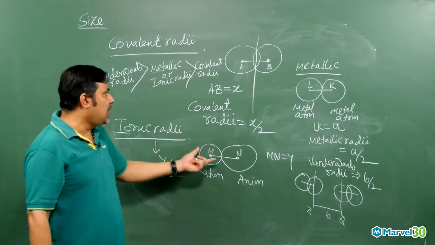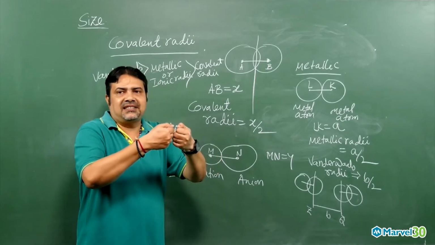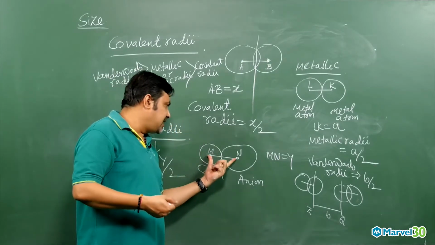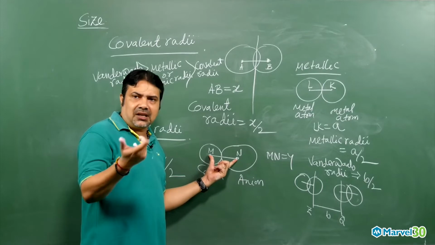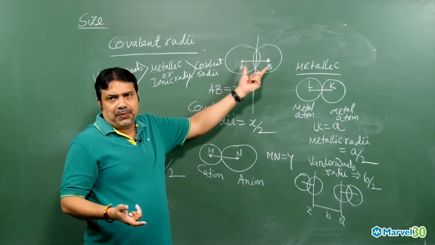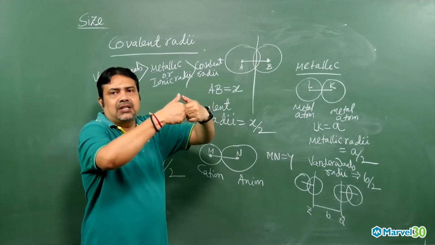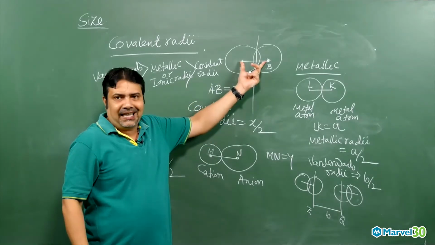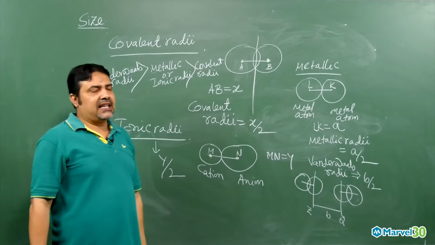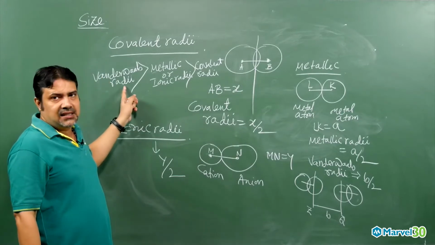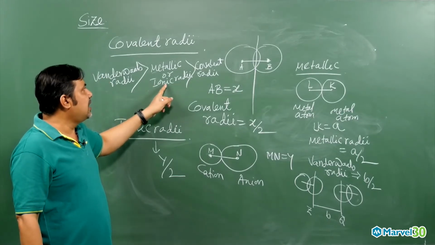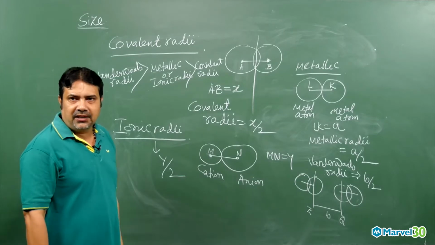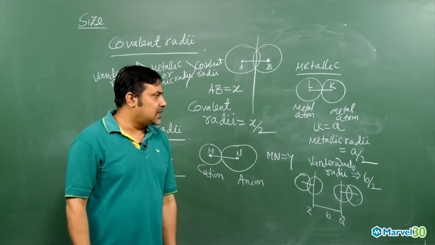In metallic or ionic, the two atoms just touch each other, so the distance and its half are larger. In covalent, the two atoms are overlapping, so the distance will be less. So van der Waals radii is greater than metallic radii, which is greater than covalent radii. Got the point?